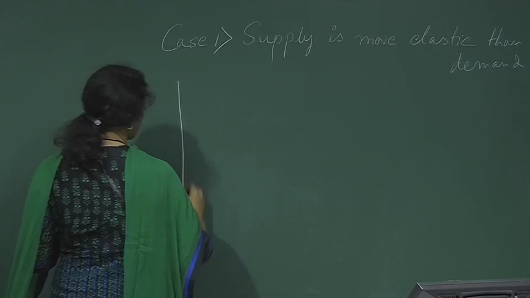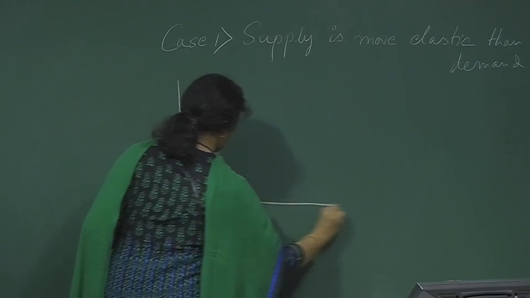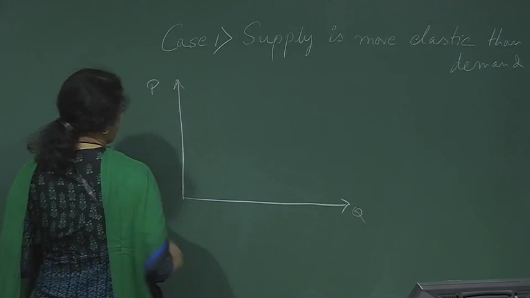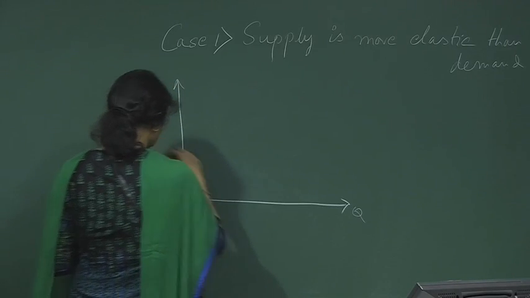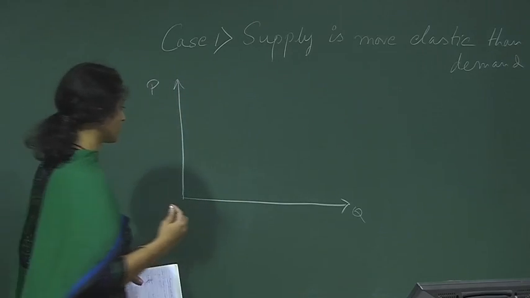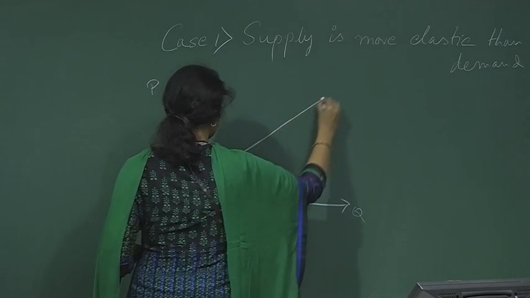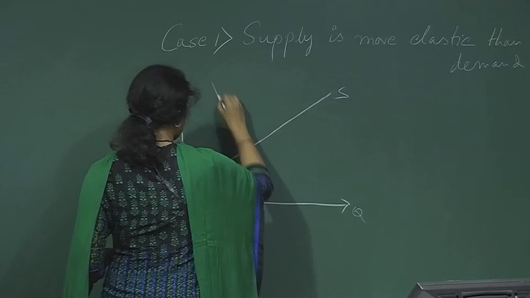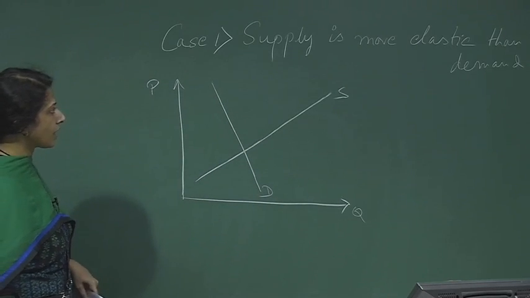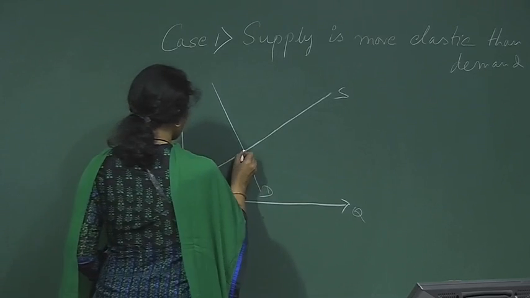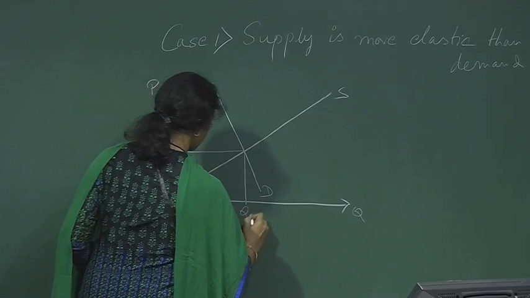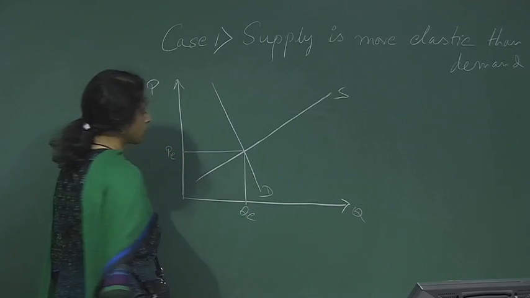So we draw a supply curve which is more elastic, which means the supply curve is flatter. So we draw a very flat supply curve and a steep demand curve. So supply is more elastic than demand, and this is the equilibrium price and equilibrium quantity. So this is what happens before taxes.